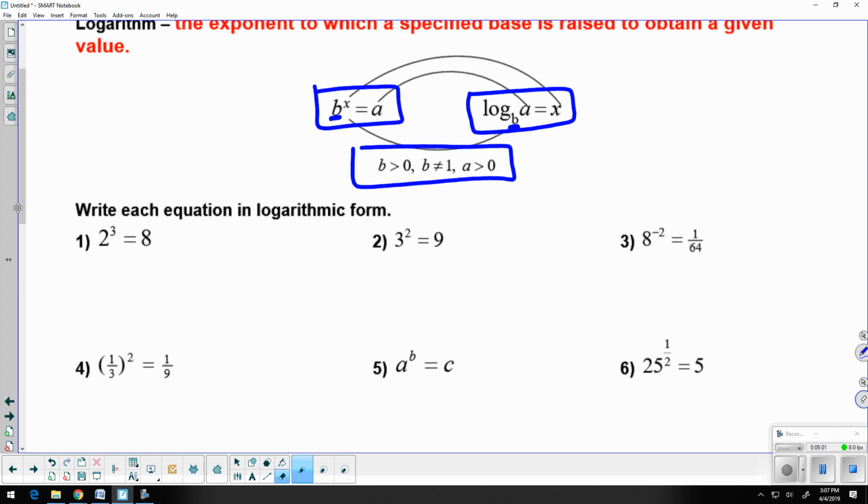For example 1, 2 cubed equals 8, which is obviously a true statement. As a log, this would be log base 2. The base goes in the basement, and now 3 and 8 just switch sides. So it'll be log base 2 of 8 equals the exponent, which is 3. And that's your answer. Notice that these are all on the same line.